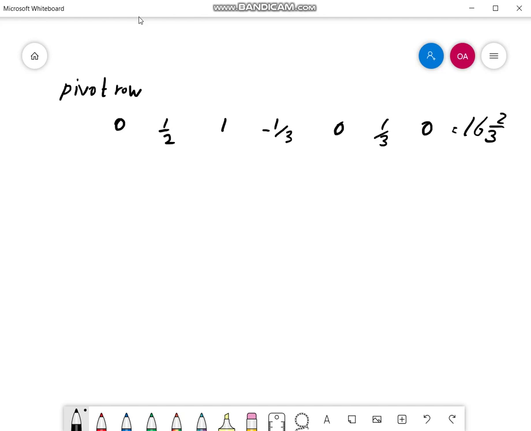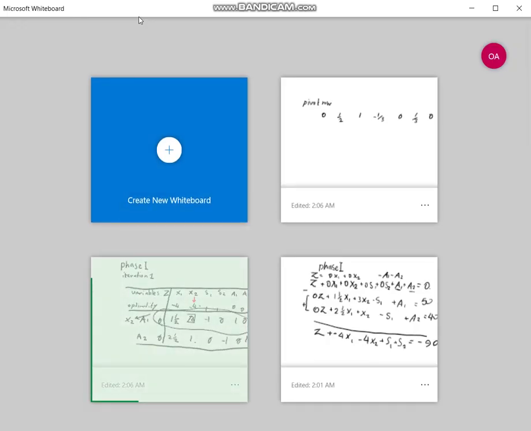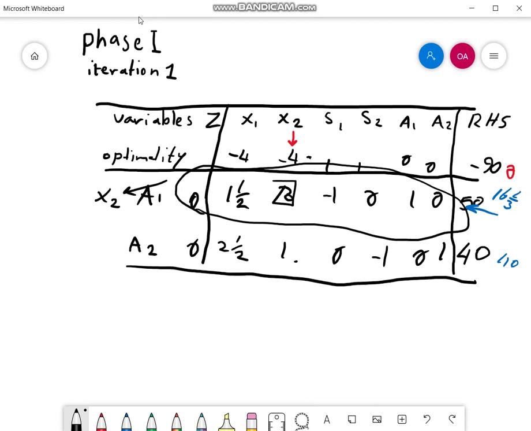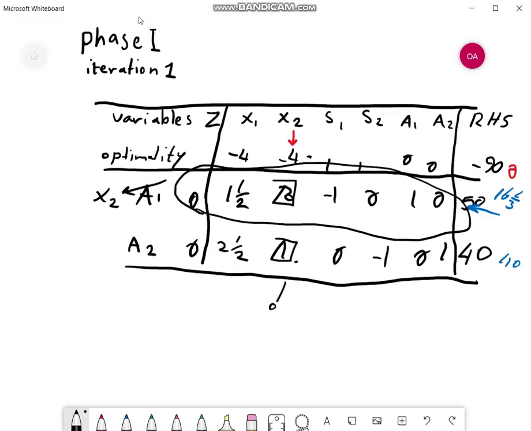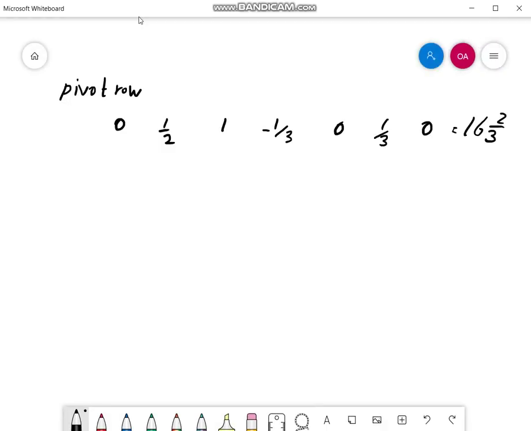Okay. So then we're gonna change A2. So this guy over here should be 0. So that's very easy. I don't need to multiply. So we have here the old A2, so I put it as it is. So it's basically 0, 2.5, 1, 0, minus 1, 0, 1, which is equal to 40.